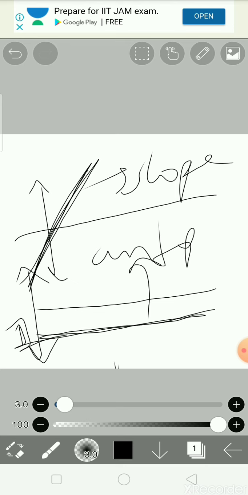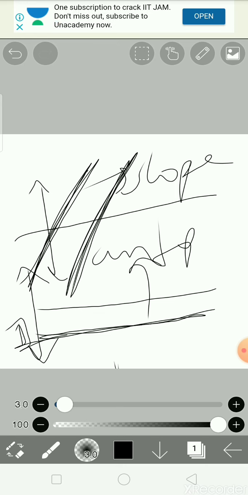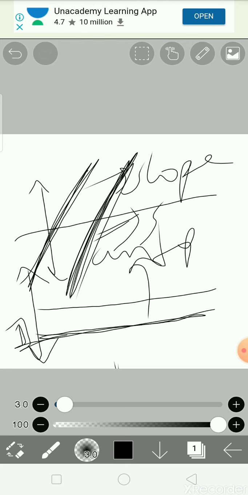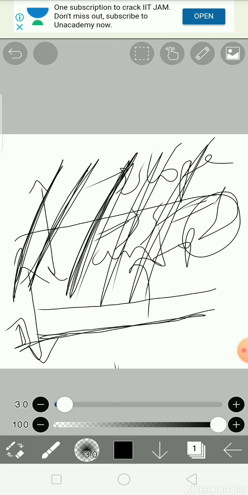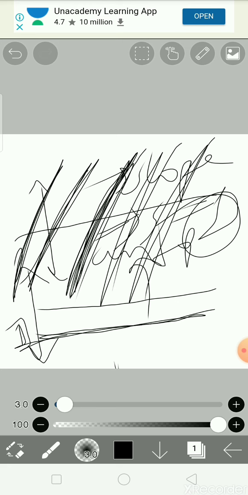But the graph can be like this also. The slope of this graph is also the same, it is 1. We can get this one, this one, and this one too. So basically we get an infinite number of lines whose slope equals 1.